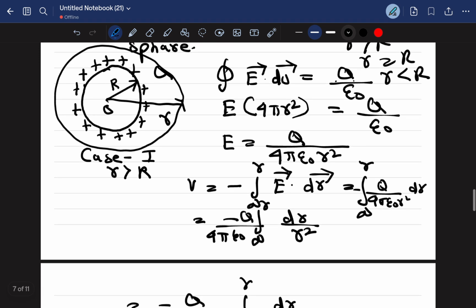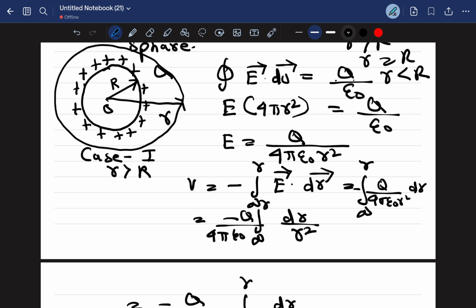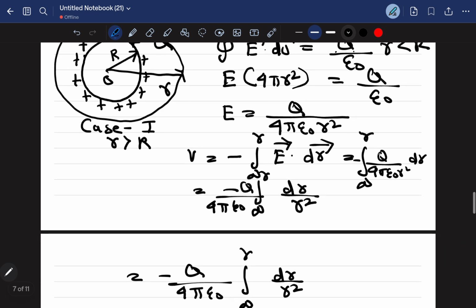Now the potential V equals the integration from infinity to r of E dot dr. We know the value of the electric field at r greater than R, the radius of the metallic shell, is q by 4 pi epsilon naught r square. Substituting the value of E in the integration, we can take q by 4 pi epsilon naught outside.